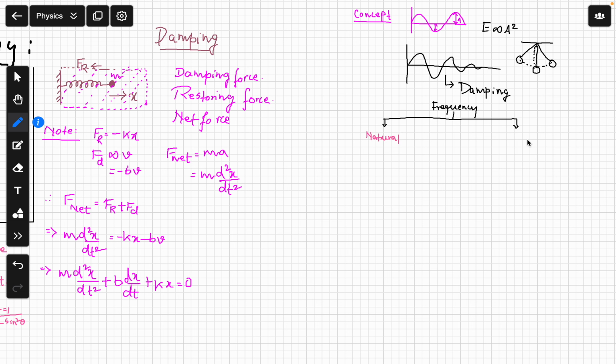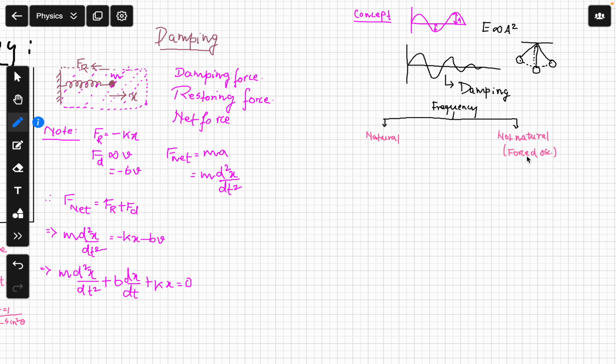Okay, and another one is the external, or forced, oscillation. So basically we are going to have an external frequency, so it is not a natural frequency. So not natural means you are going to have some kind of forced oscillation here.